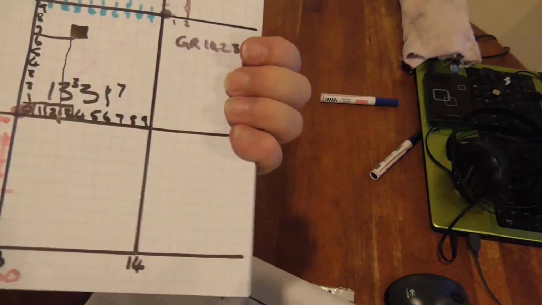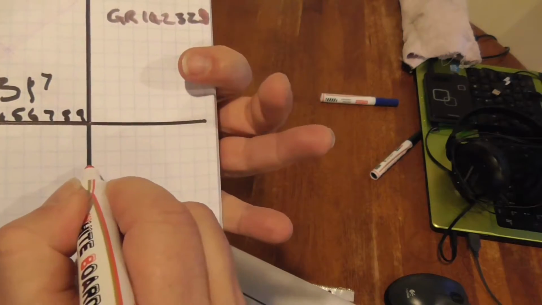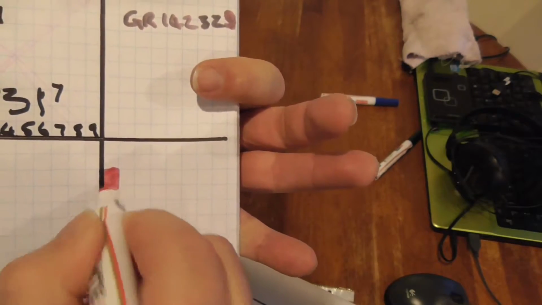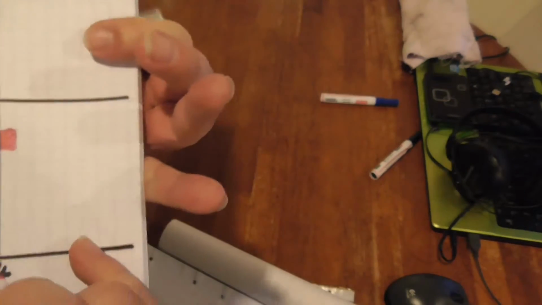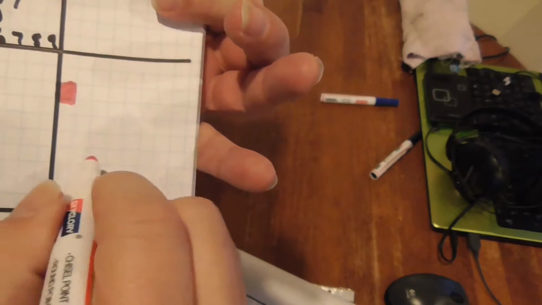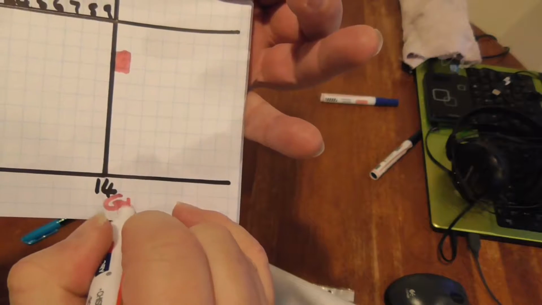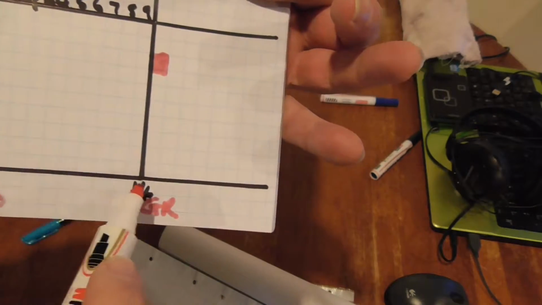Okay, so let's do another one. Let's do one over here. We'll do another difficult one with a 0 in it. Okay, so grid reference. Let's write it in down the bottom here. Grid reference 1, 4.